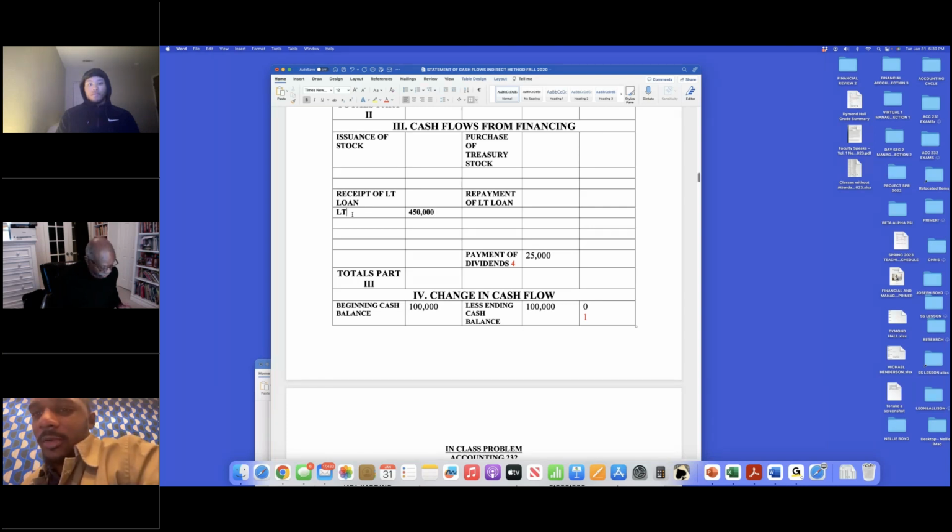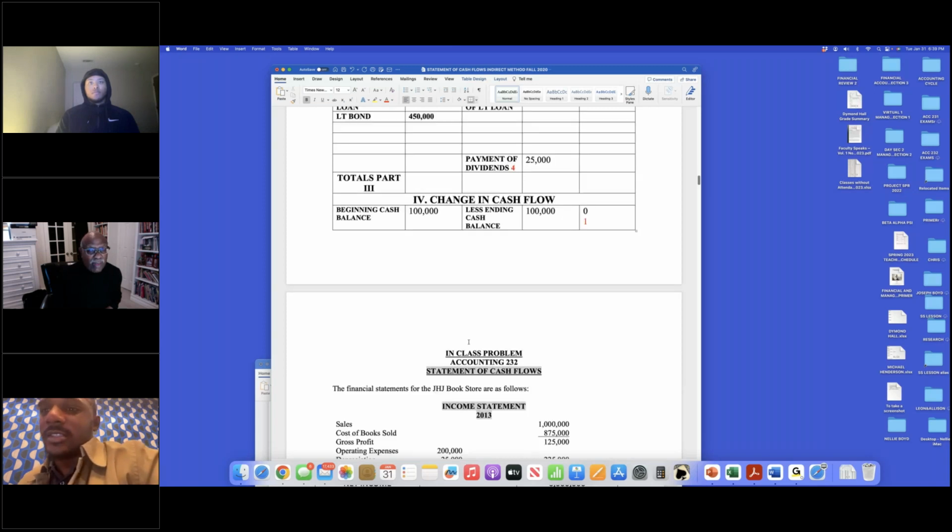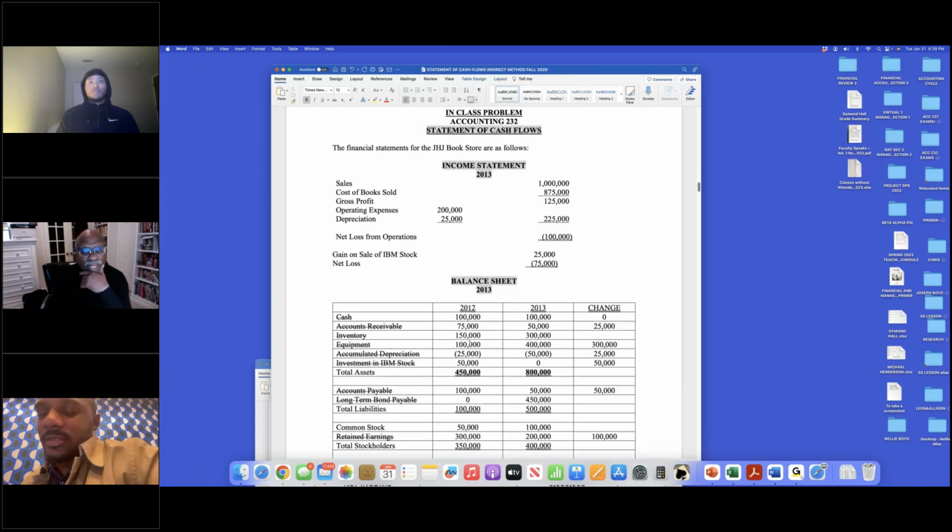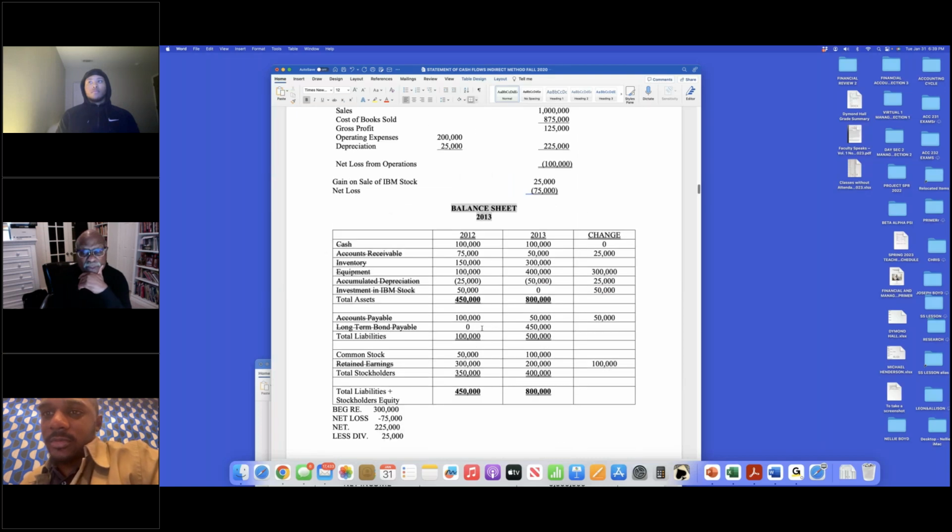It's a source of cash. Your cash went up $450,000. Now you might say, why did you borrow $450,000 and buy inventory you couldn't sell? This is what this is pulling out. It's okay to borrow money, but in the end, you've got to pay it back.